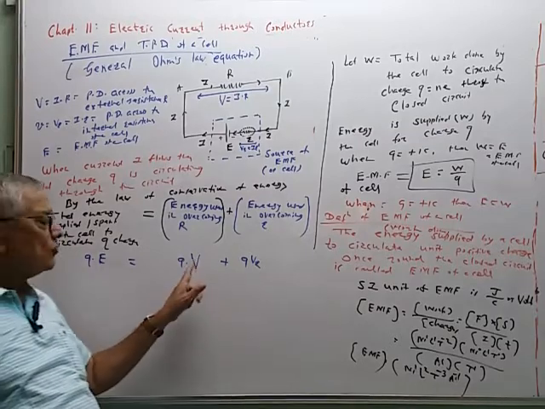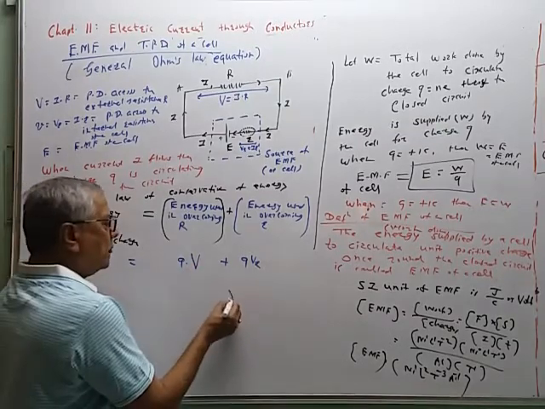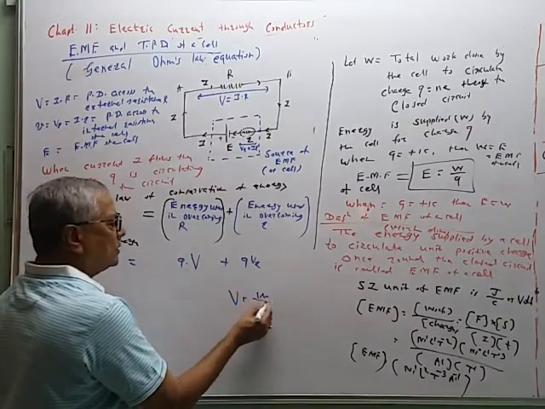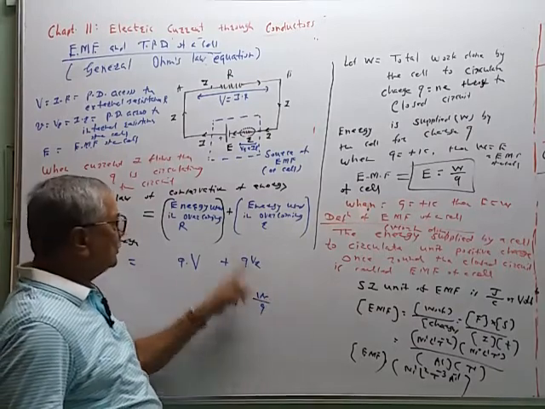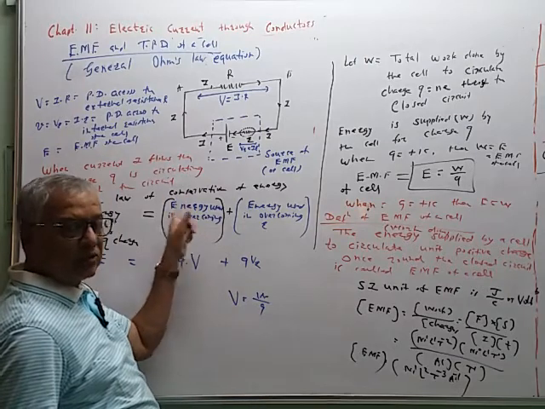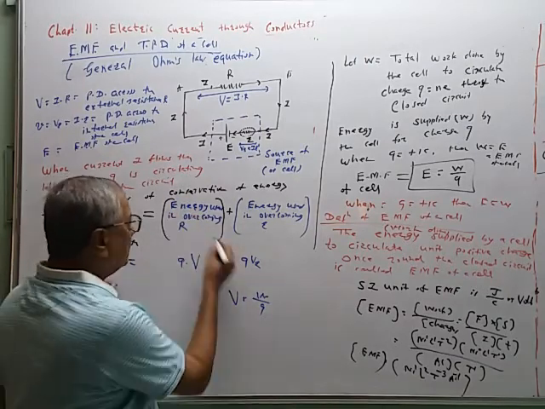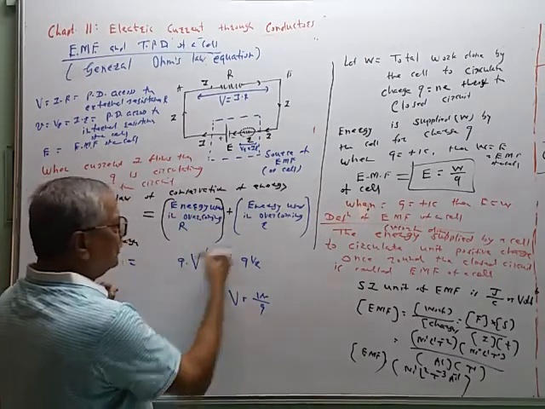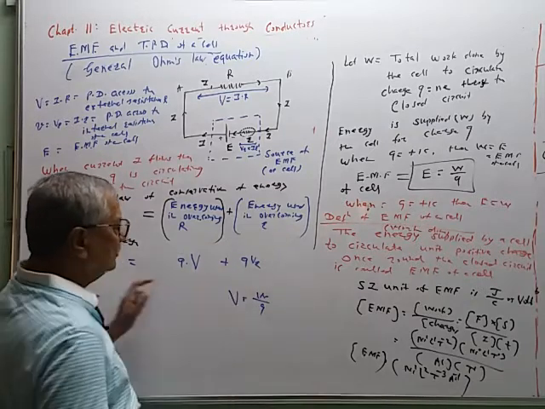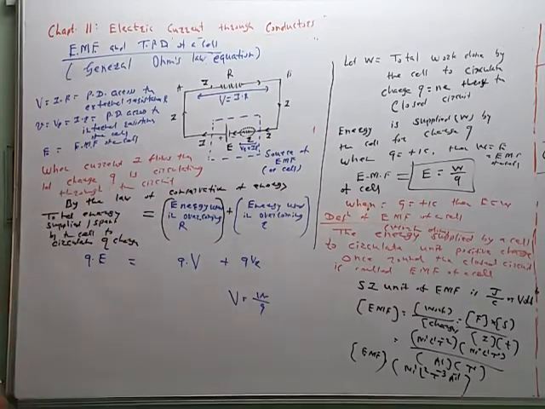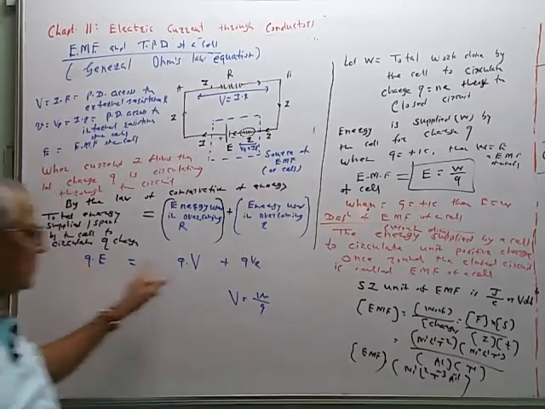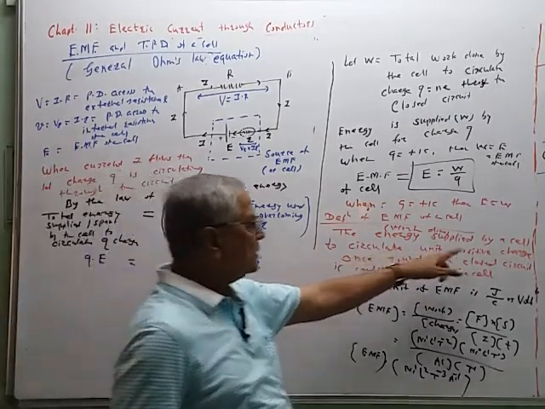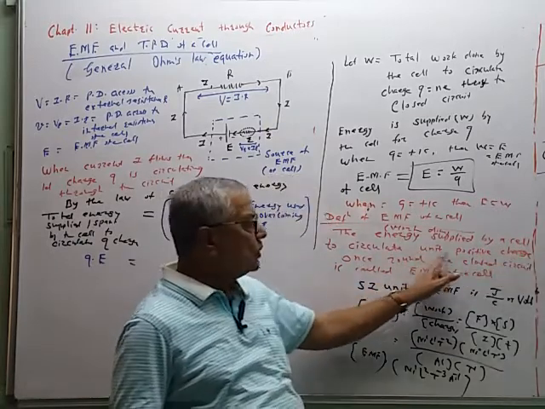So in electrostatics we have defined the potential. It is the work done per unit positive charge. So work done in overcoming is given by Q into V, and this is given by Q into VR. So this definition of potential from electrostatics and the definition of EMF we have just seen: it is the energy supplied to circulate unit positive charge.